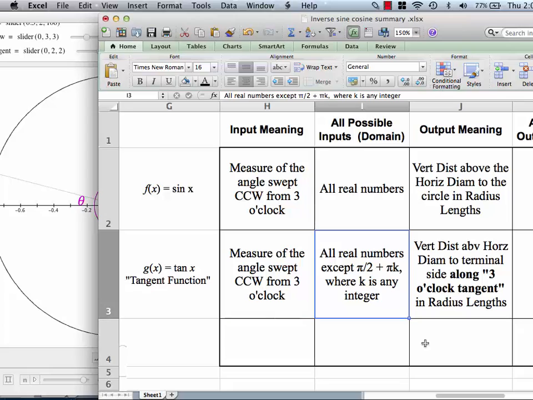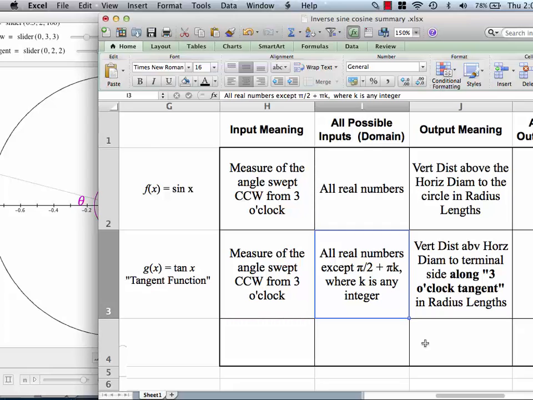Starting at pi halves, we can go 1, 2, 3, 4, 5, 6, and that will get us all the top and bottom positions on the circle. Make sense? So all real numbers except these, pi over 2 plus pi k.